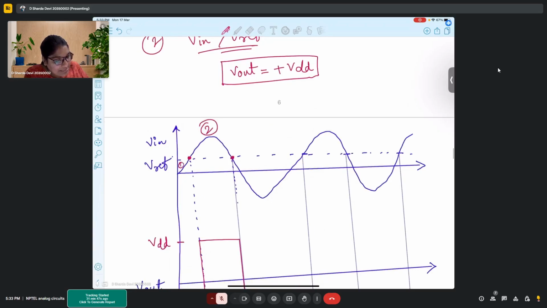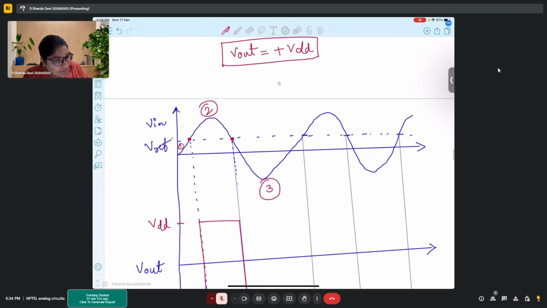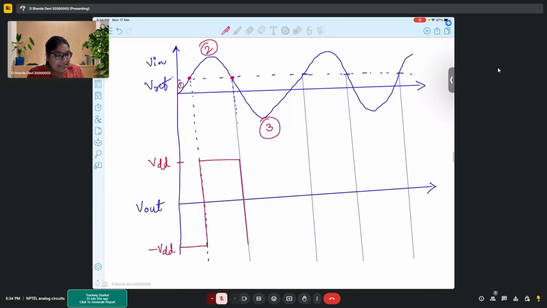Right. Now see, if we come to the third region, in the third region, Vin goes below Vref. So again, if Vin is less than Vref, we'll get our output as minus VDD, right? Until we cross Vref, that is Vin is greater than Vref. So once Vin is greater than Vref, our output becomes plus VDD, right?